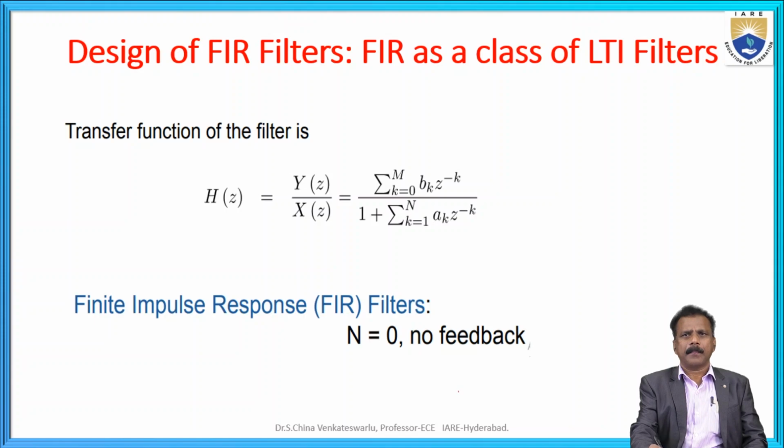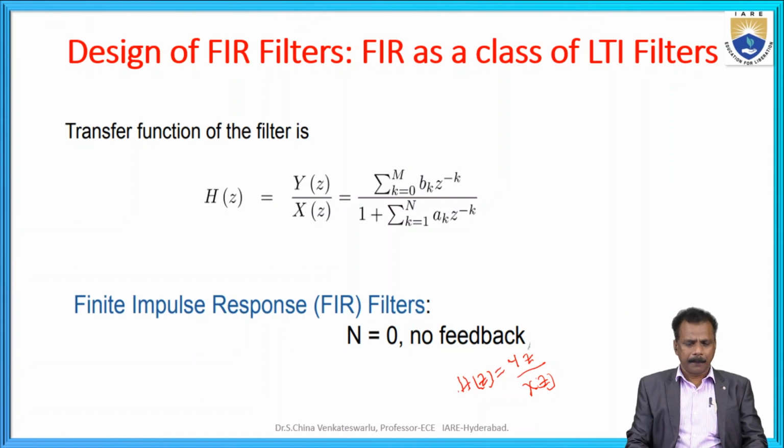It is followed by what we call H(z), where H(z) is equal to Y(z) by X(z), which is equal to the summation k equal to 0 to M of b_k into z power minus k, divided by 1 plus the summation k equal to 1 to N of a_k into z power minus k.